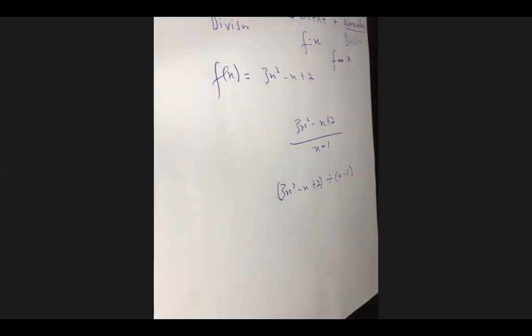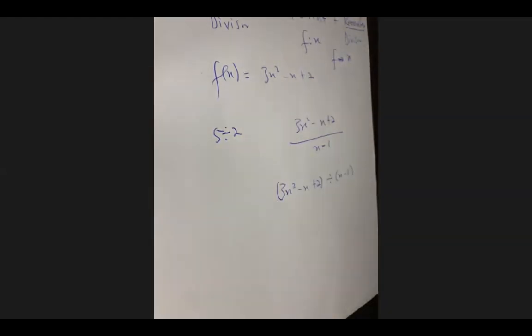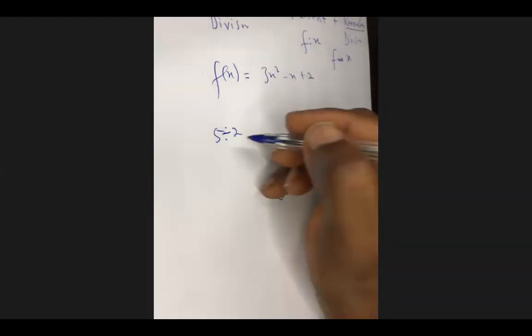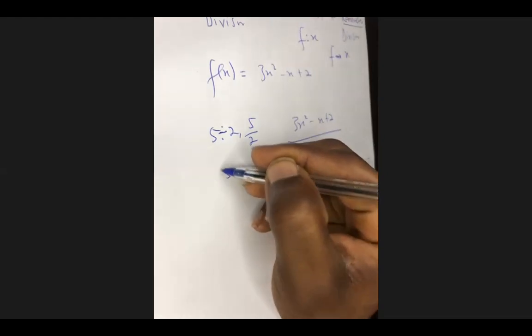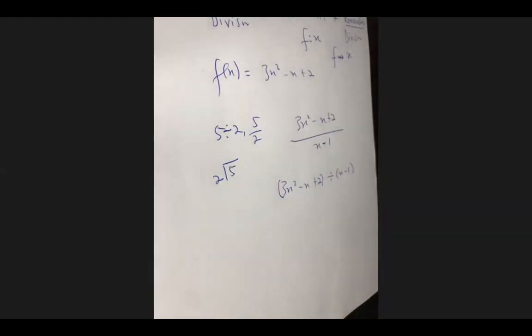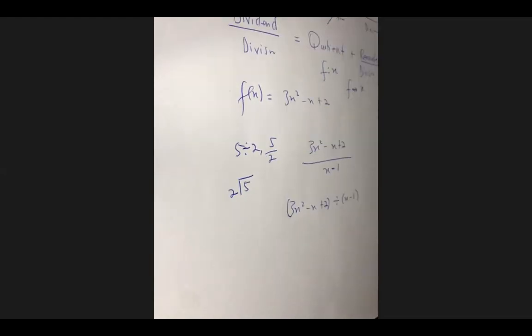If I have, let's say, 5 divided by 2, I can write the same thing as 5 over 2, or I can write the same thing as 5 inside, 2 outside, long division. We are employing this from grade 1 or maybe grade 2. Very, very simple.